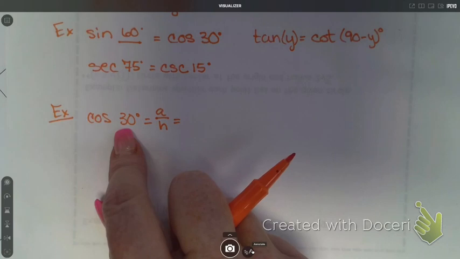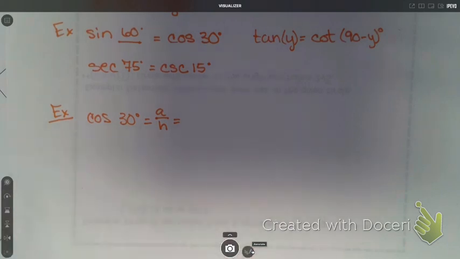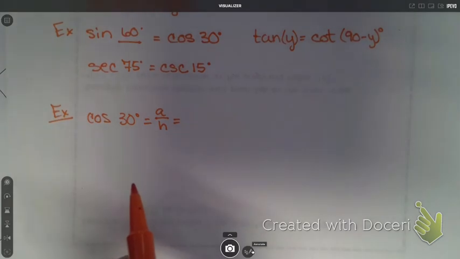You all know that, right? So what does that make adjacent? Square root of 3. There's only 3 things in the 30, 60, 90 triangle, right? 1, square root of 3, and 2. So the hypotenuse is always the hypotenuse, and if it's not opposite, it has to be what? Adjacent.